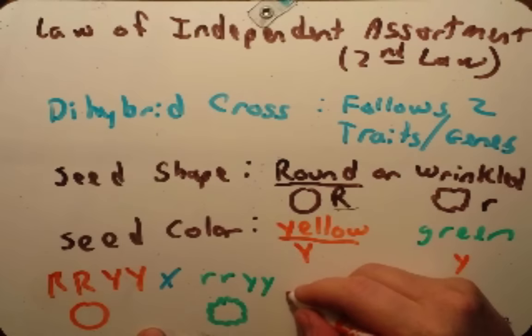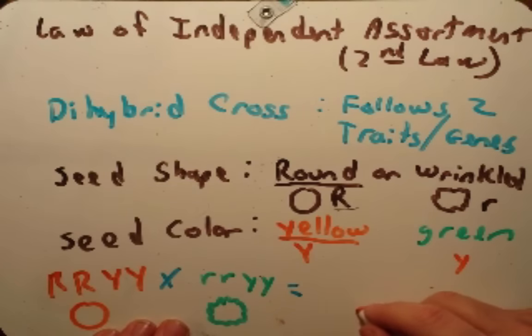And when we cross this, what we're going to get is progeny that is all round and yellow. And that's because when we take this strain here and it makes seeds, each of the seeds are going to be big R, big Y. Because these two big R alleles, according to the principle of segregation, will separate from each other and each gamete will get a big R. Likewise, the two Y alleles, big Y and big Y, they will separate from each other during meiosis and will segregate into the eggs.